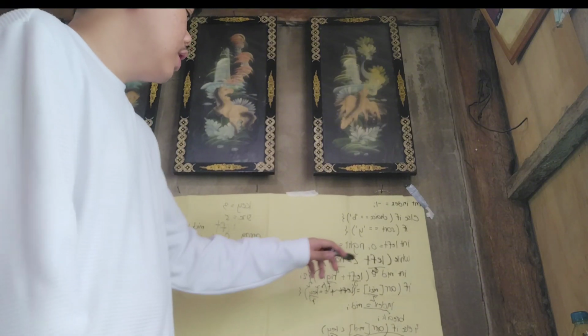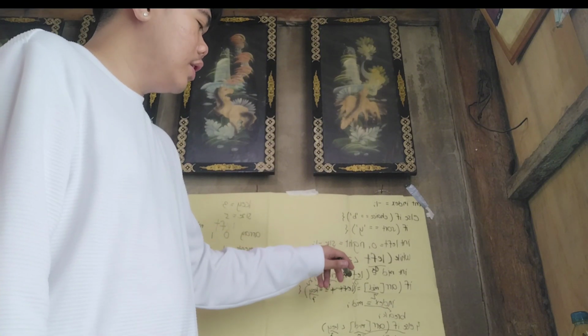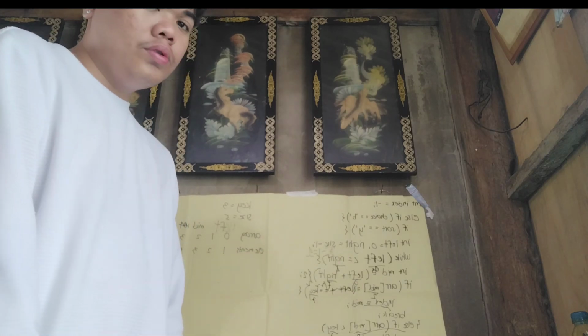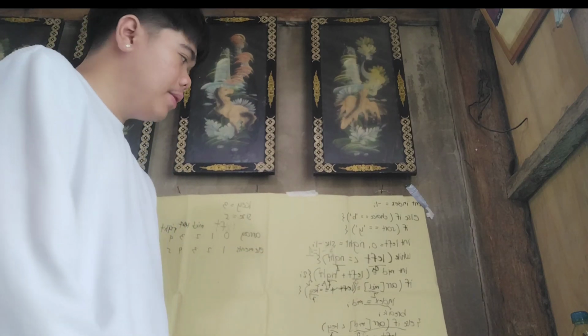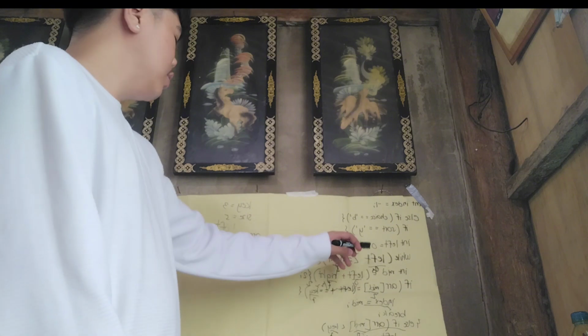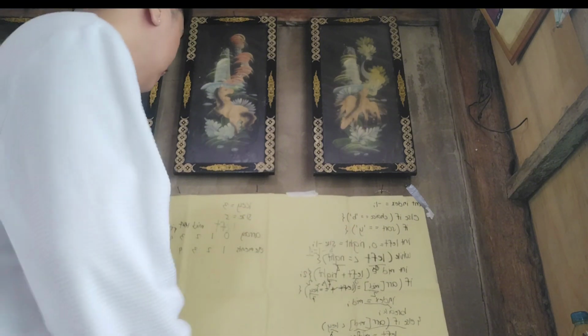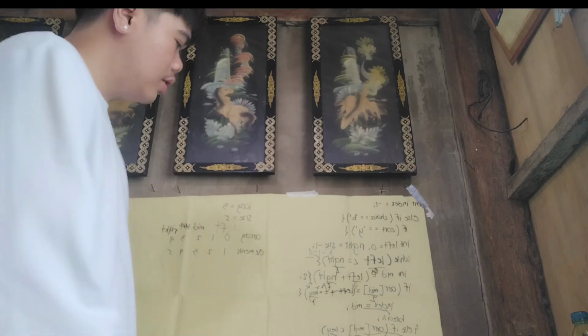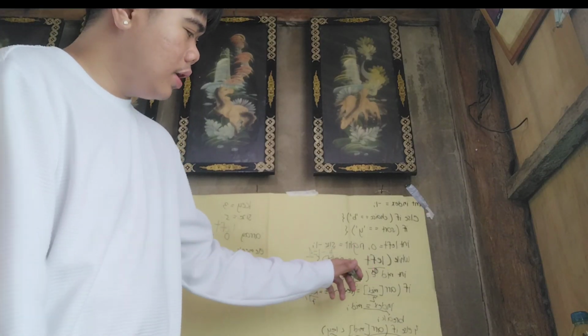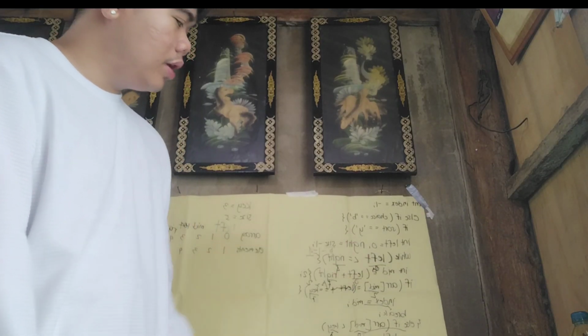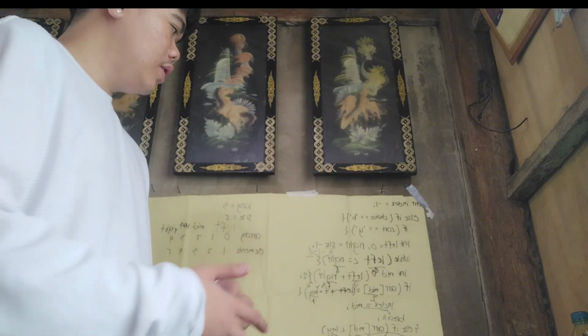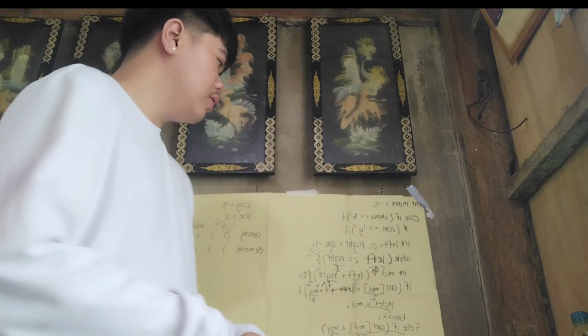The left is 3. So 3 is less than or equal to 4, which is true, because 3 is less than 4.